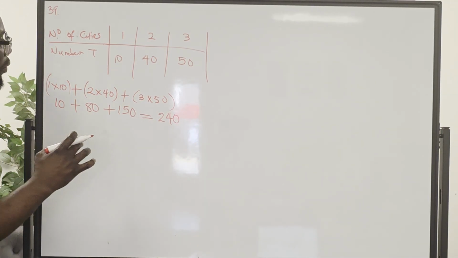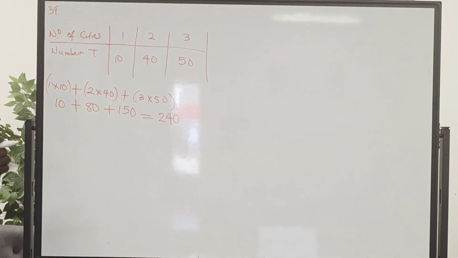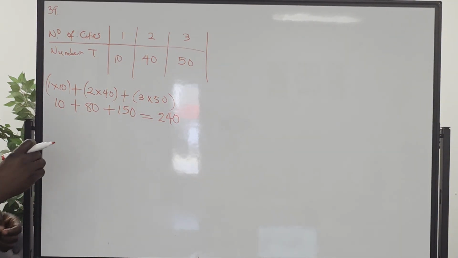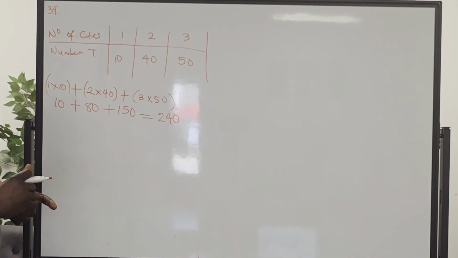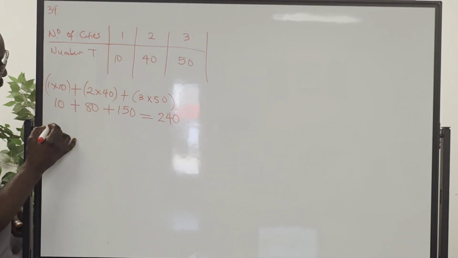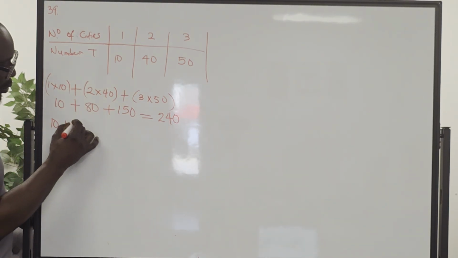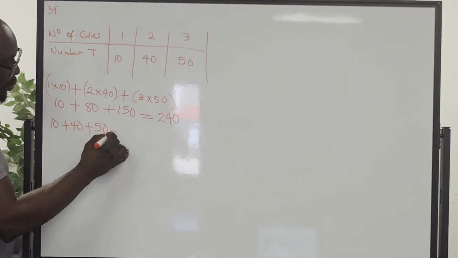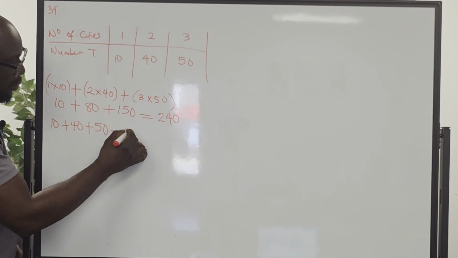So you have 240 visits. Total number of tourists is 10 plus 40 plus 50. This is 50, this is 100, right?